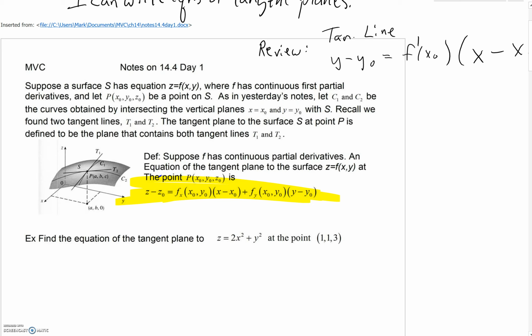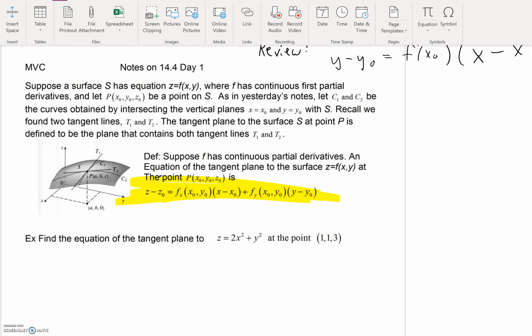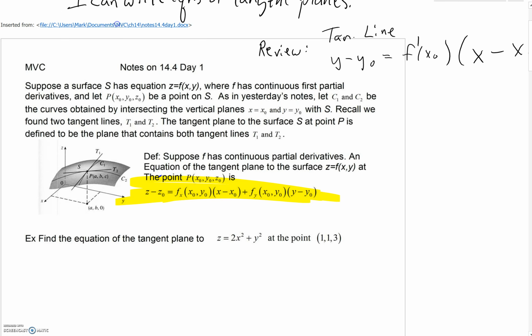Today, we're going to do something very similar. Let's say that we have a surface, and you can see that depicted in this little diagram right here. When we're taking derivatives in this class, we will be taking partial derivatives, with respect to x, with respect to y.